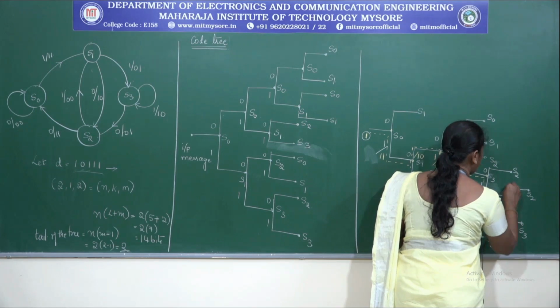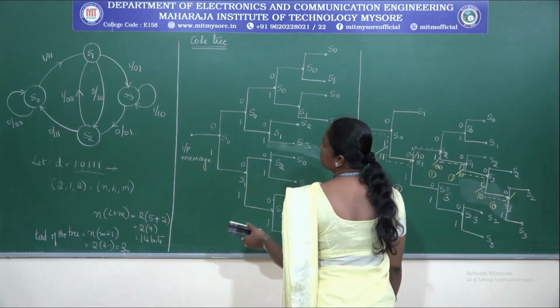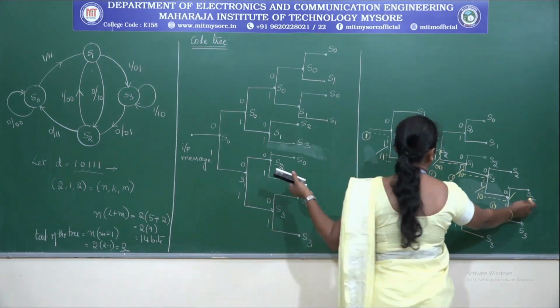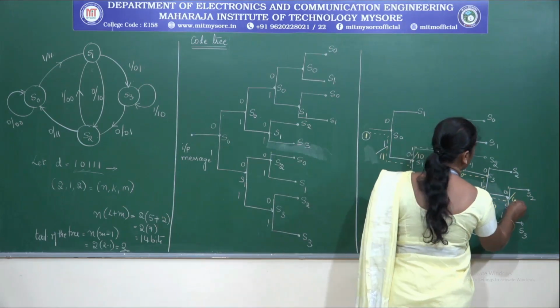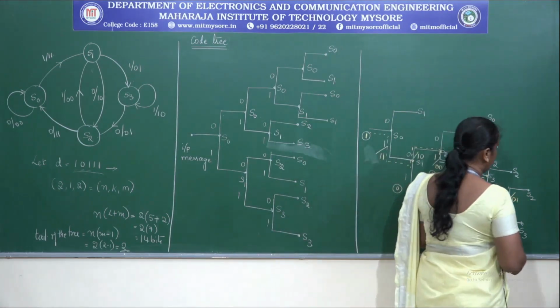With input 0, what is its corresponding output? With respect to S3, if the input is 0, it makes a transition to S2 and the output is 0 1. Further we are going to extend this.